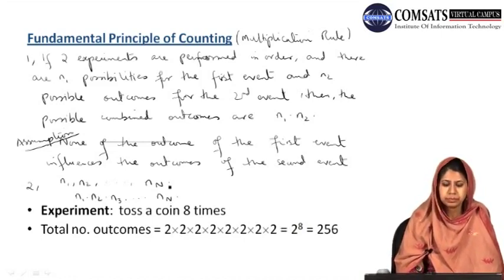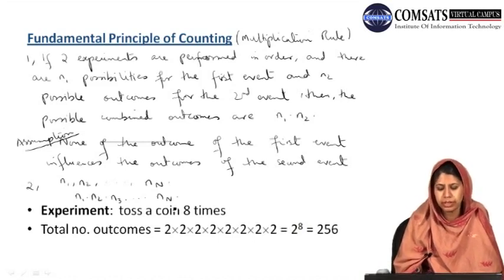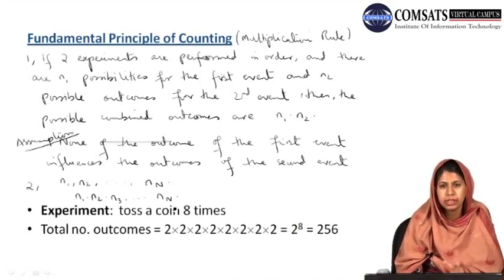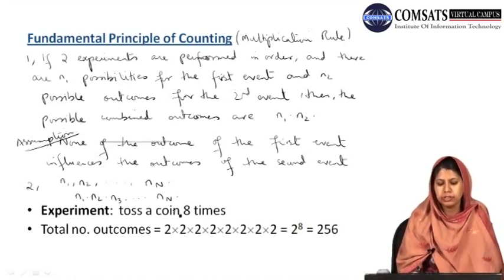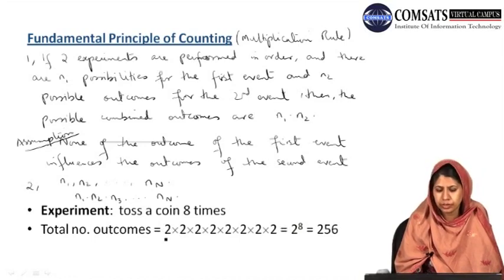For example, if we toss a coin 8 times, then if we toss a coin once, there are two possibilities. The possible outcomes in tossing a coin once are two, that is either we obtain a head or a tail. So when we toss a coin the first time, we obtain two possible outcomes. Then again we toss a coin a second time, we obtain two possible outcomes, that is either a head or a tail.